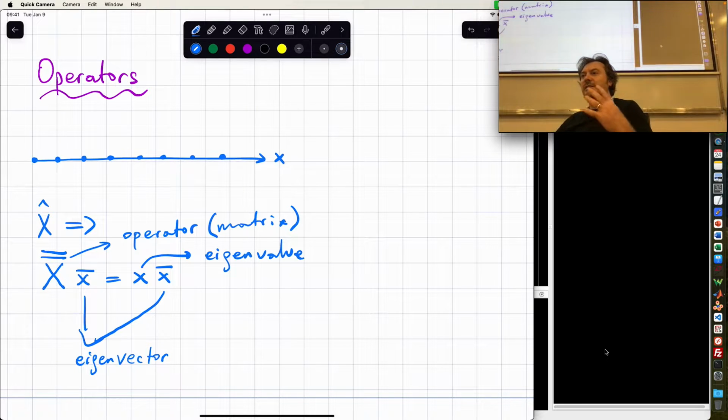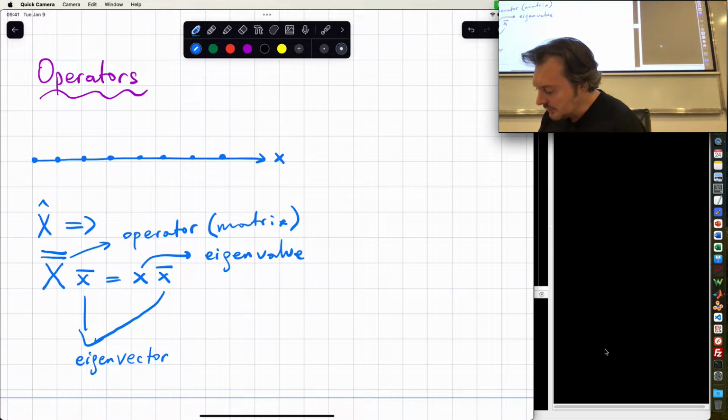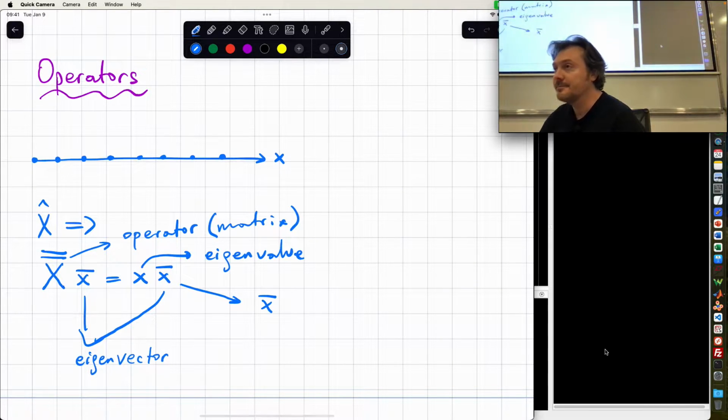So what does this matrix look like when you discretize x? When I discretize x, what does this x operator look like in matrix representation? Let me start with something a bit easier. What do you think this vector looks like, the x vector?